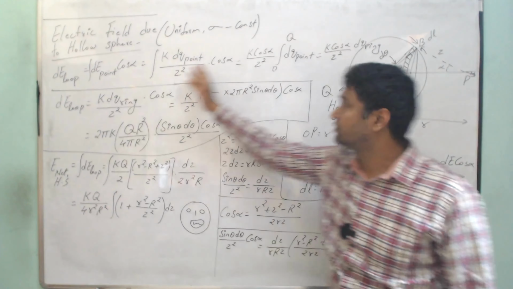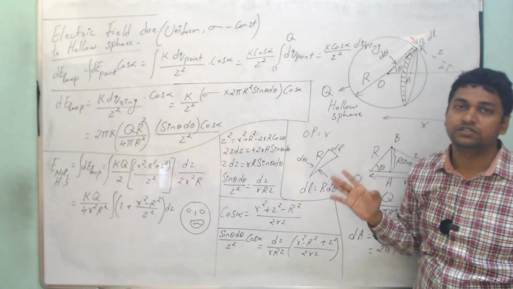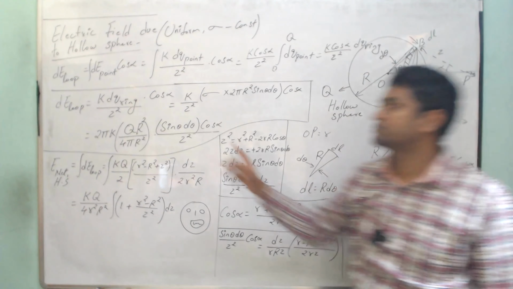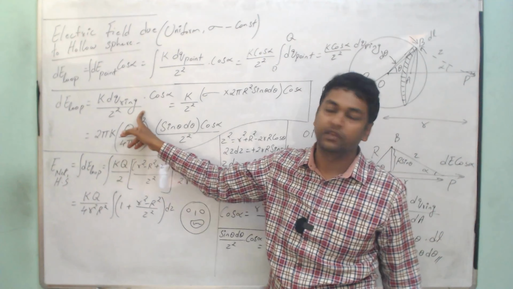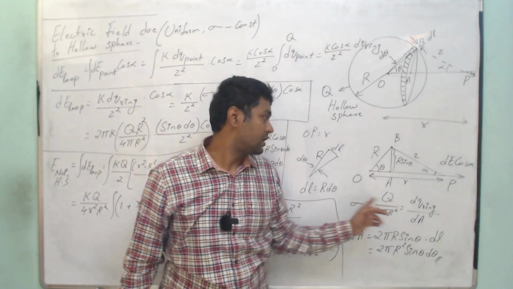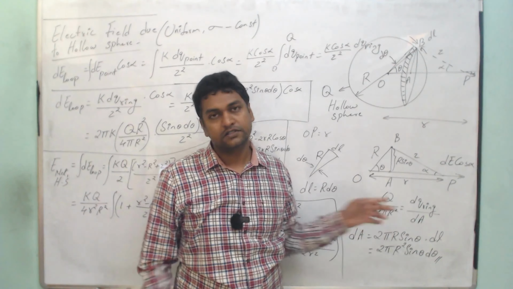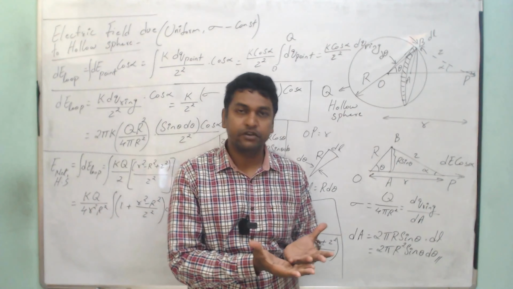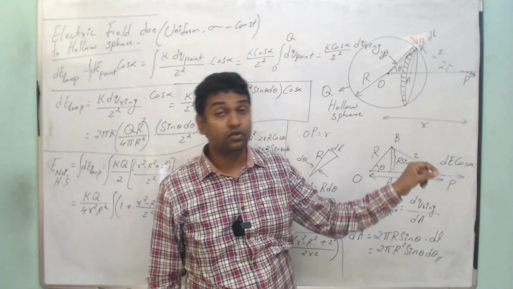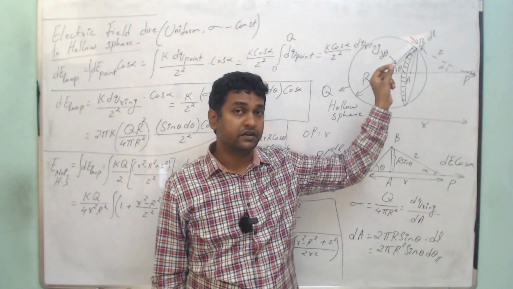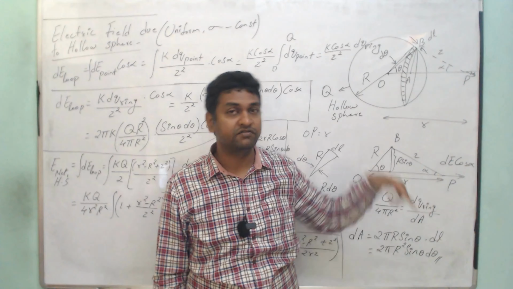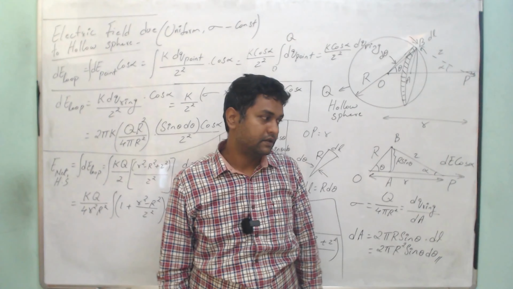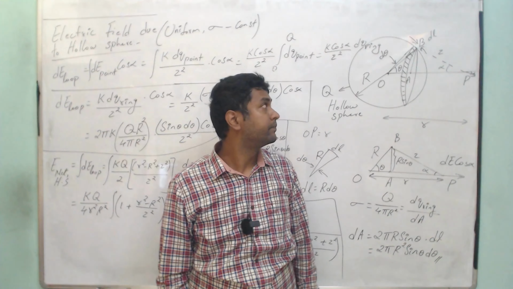That is what we derived in the above situation, right? So first point is coming here. Next point is sigma. Sigma is total charge divided by total area, or dq charge which is present on the element divided by dA of the element.